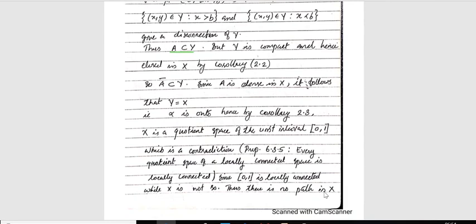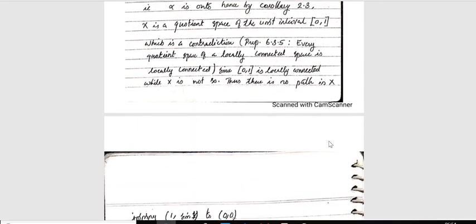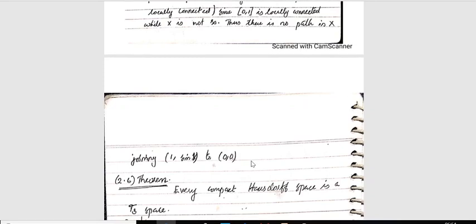Since the closed interval [0, 1] is locally connected, why is X not so? Thus, it is not path connected. So there exists no path in X joining (1, sin 1) to (0, 0). That is, it is not path connected.